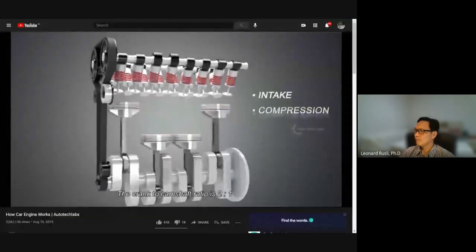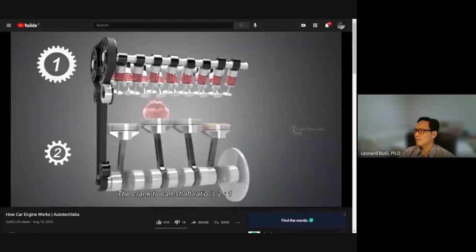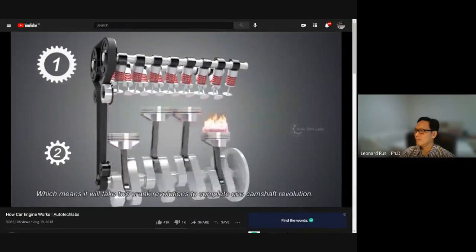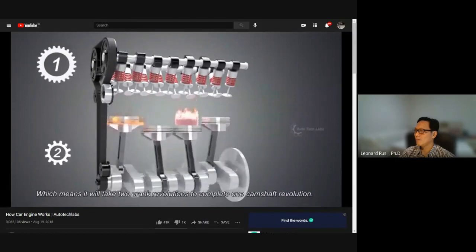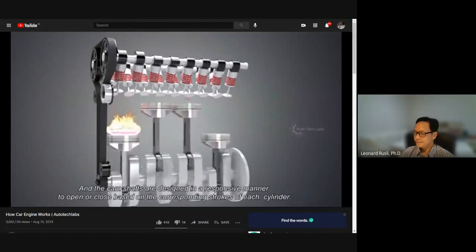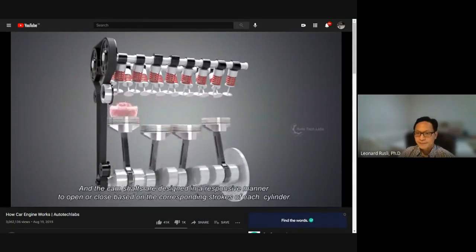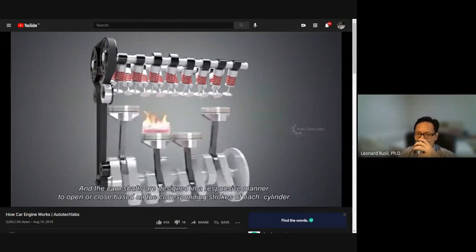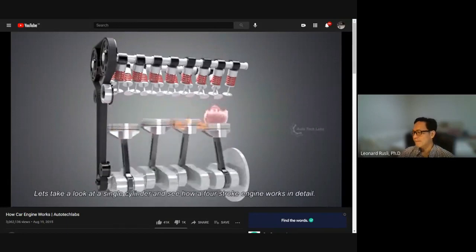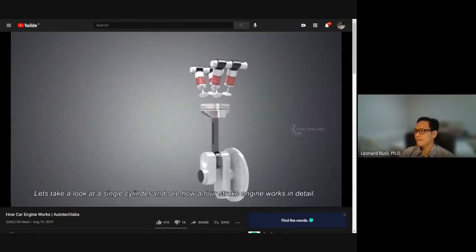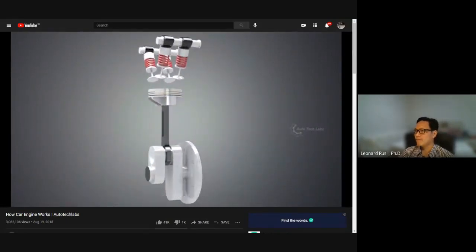The crank to camshaft ratio is 2:1, which means it will take 2 crank revolutions to complete 1 camshaft revolution. And the camshafts are designed in a responsive manner, to open or close based on the corresponding strokes of each cylinder. Let's take a look at a single cylinder, and see how a 4-stroke engine works in detail.